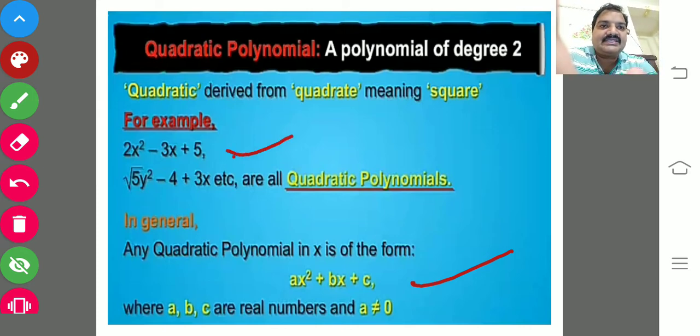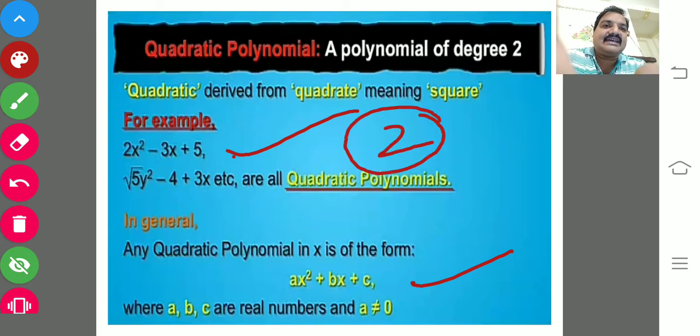The example is 2x^2 - 3x + 5. What is the degree? The highest power: x has power 2 and the 3x term has 1, so the highest is 2. So a quadratic polynomial is a polynomial of degree 2. Here, root 5 y^2 - 4 + 3x is also a quadratic polynomial.